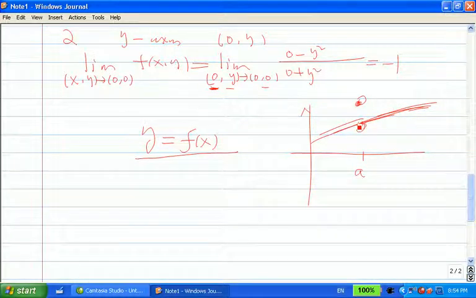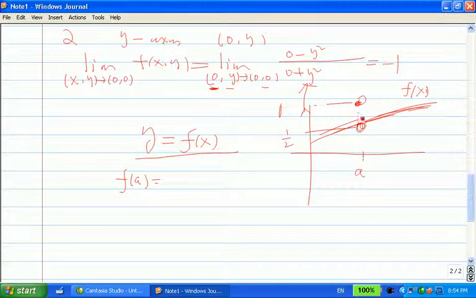This is an empty dot and this is a solid dot. Say this point is 1 and here is 1/2. Now, if this is my function f(x), this is a well-defined function. For example, what is f(a)? This is the empty dot, so once x is equal to a, your f(a) is 1.